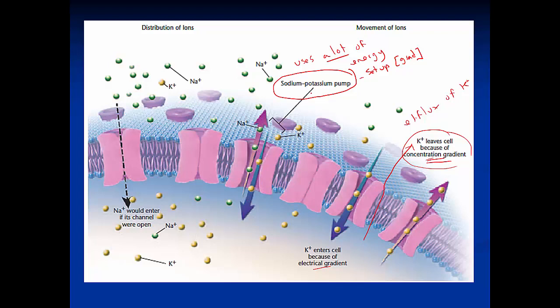Okay, so the sodium potassium pump is going to do that. It's going to counteract that efflux and bring potassium in. It's also going to help keep the concentration of sodium inside the cell less than outside the cell. For this class, though, I really want you to focus on the sodium potassium pump as a mechanism to counteract that leaky potassium ion channel.